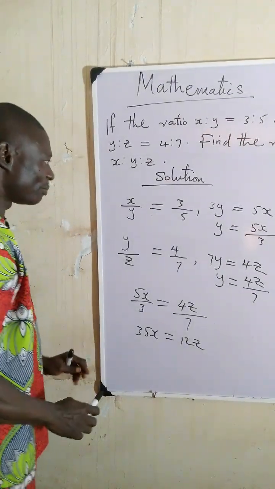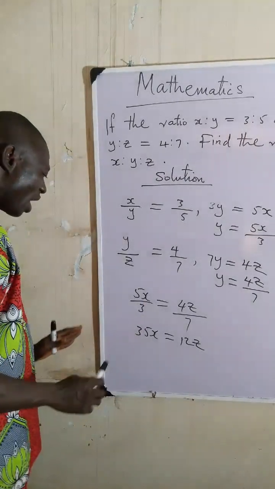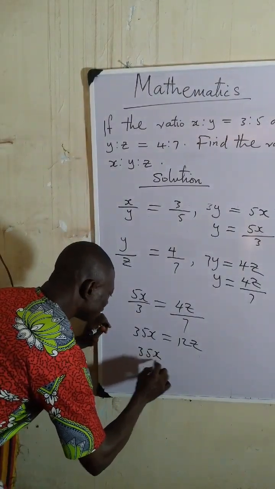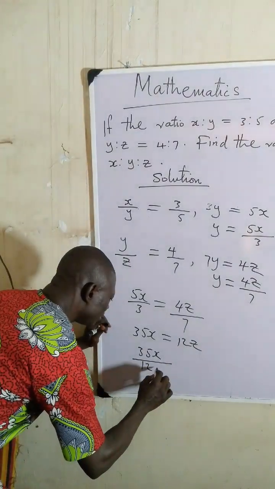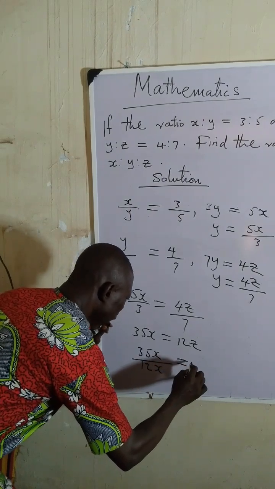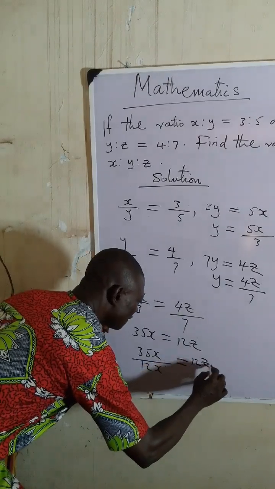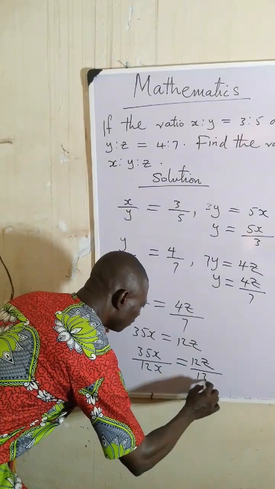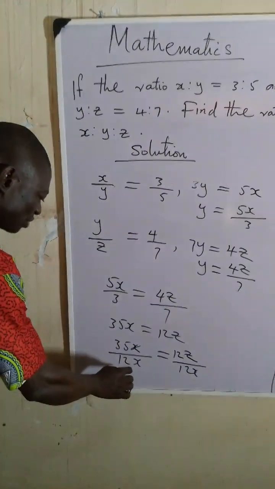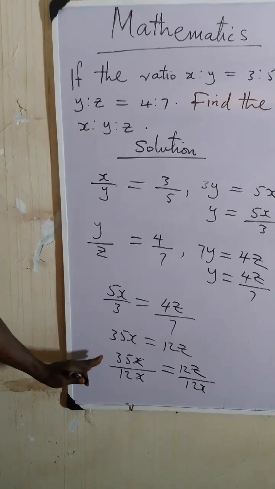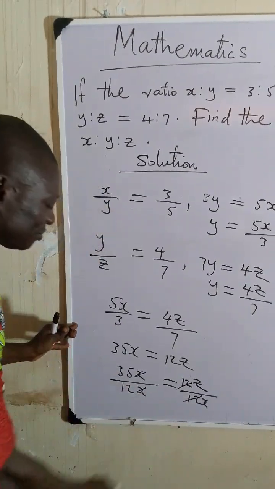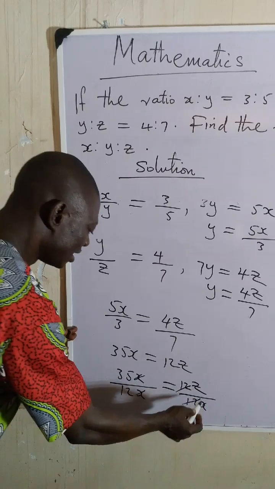We divide both of them by 12x. That means we have 35x over 12x is equal to 12z over 12x. We cancel x here, and we have 35 over 12. We cancel 12 here, and we have z over x.